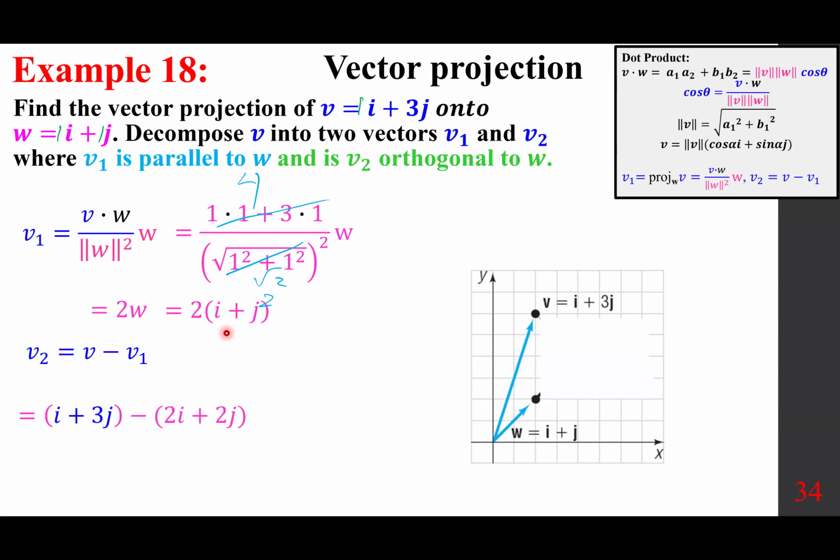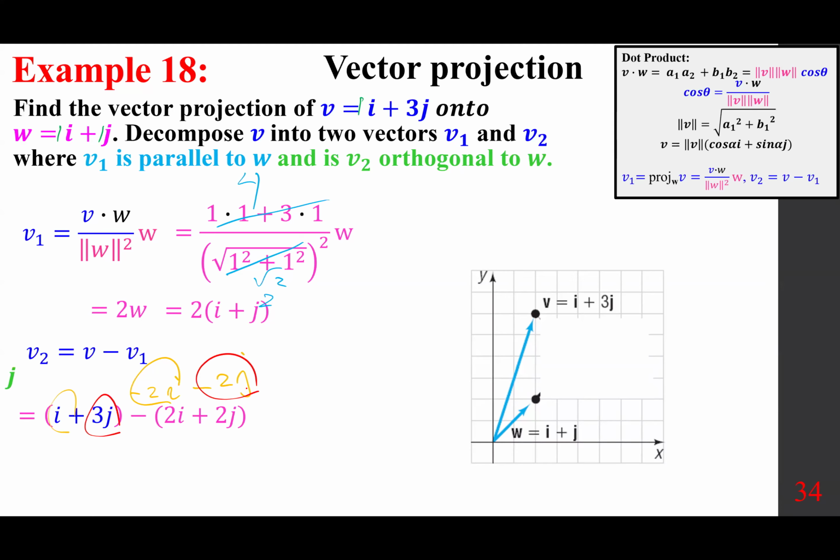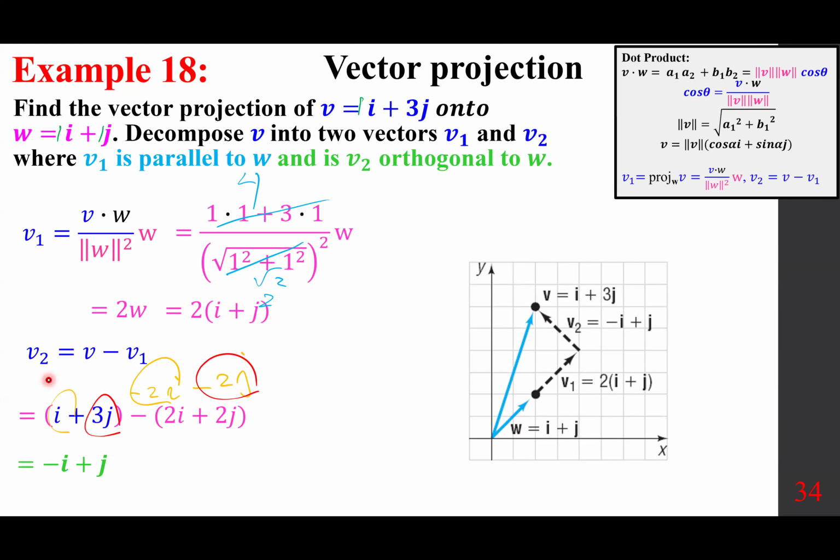This is minus 2I, with this one becomes negative I. This is minus 2J, with 3J becomes plus J. And that's exactly what I was showing you.